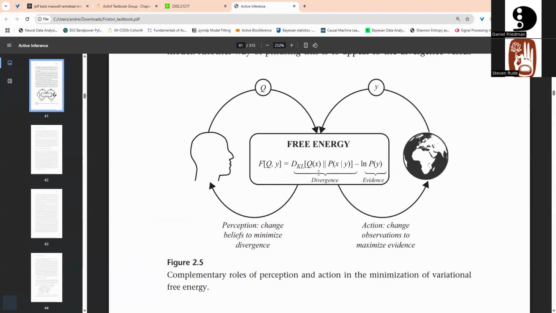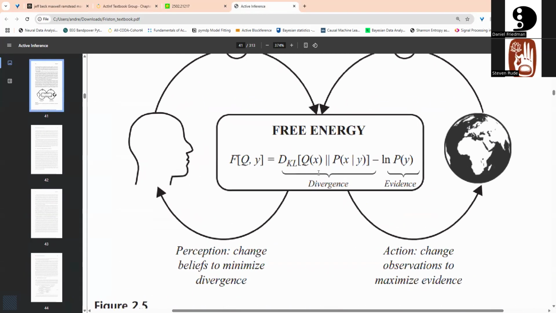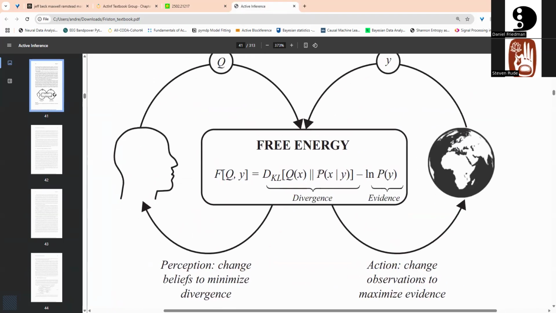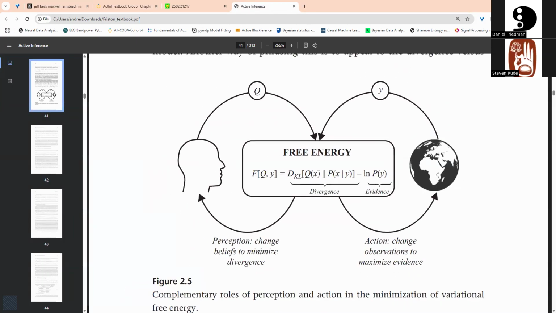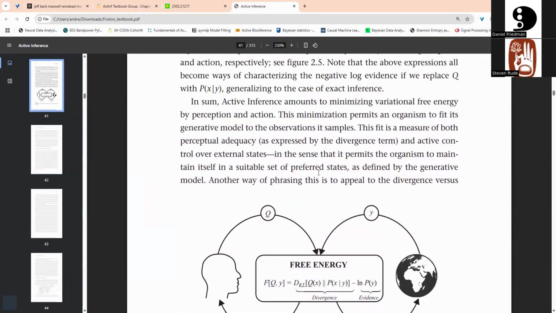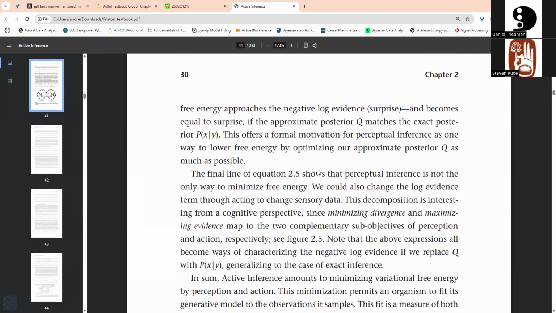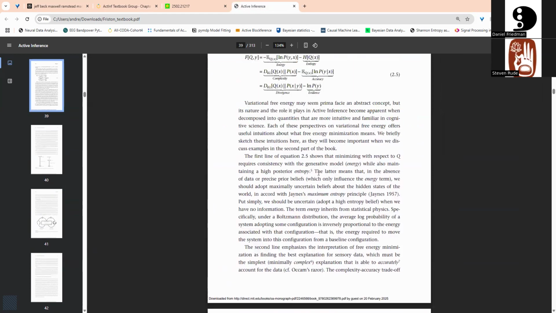What really clicked for me was the variational free energy, variational probability.